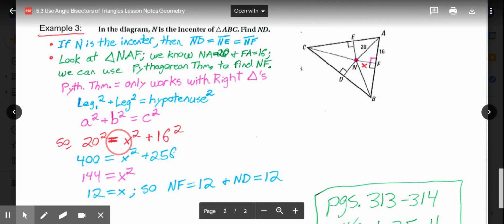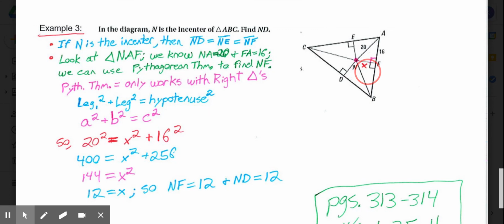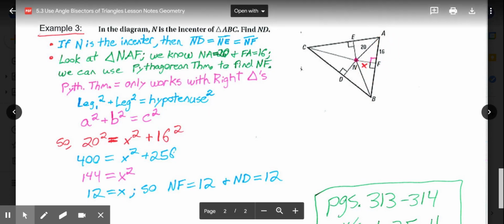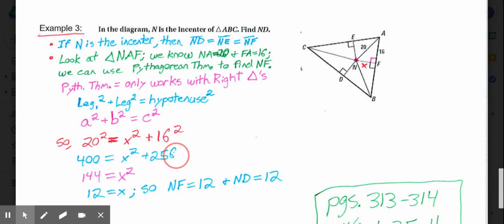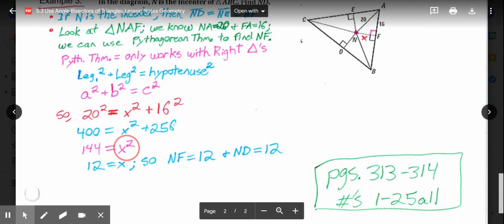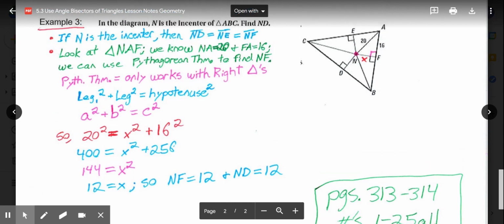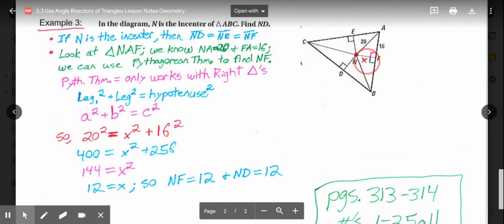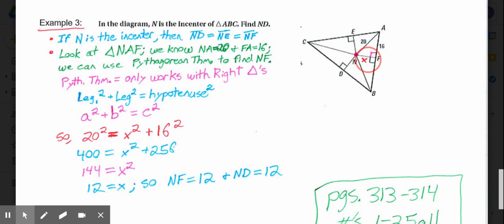So 20 squared would equal NF, which is x squared, plus AF, which is 16 squared. So then we have 400 equals x squared plus 256. Subtract the 256, and 144 equals x squared. So the square root of 144 would be x, which is 12. So in that case, if x is 12, NF, ND, and NE are all 12.